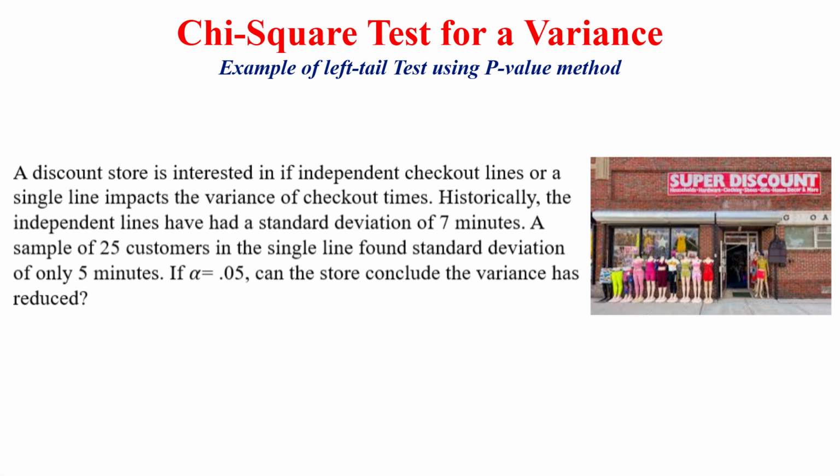That is our sigma. Just sigma because it's standard deviation. A sample of 25 customers, that's our sample size of n, in the single line found a standard deviation of only 5 minutes. That's the sample standard deviation, S. So can the store conclude that the variance has been reduced?